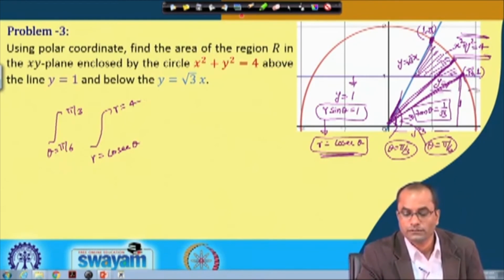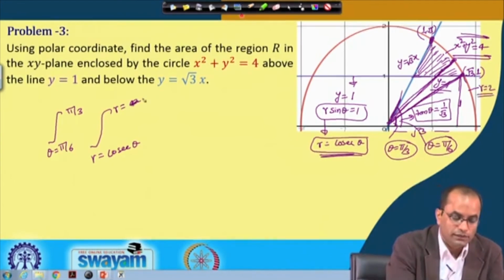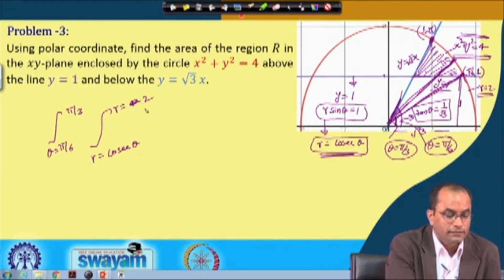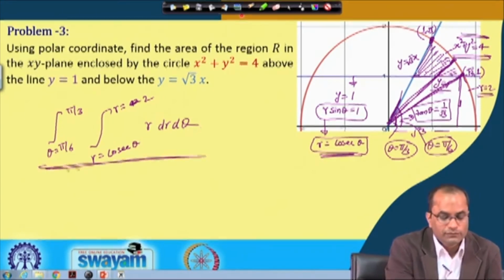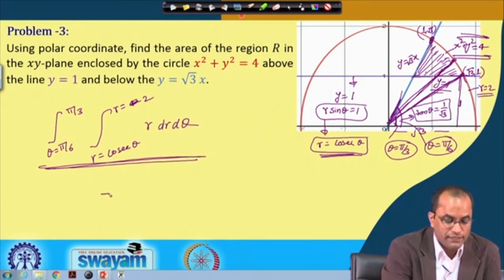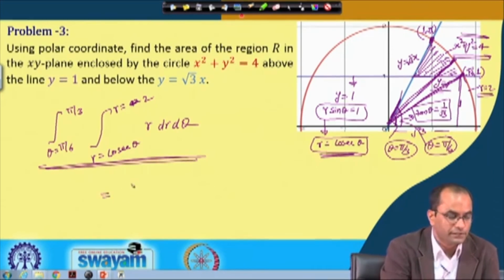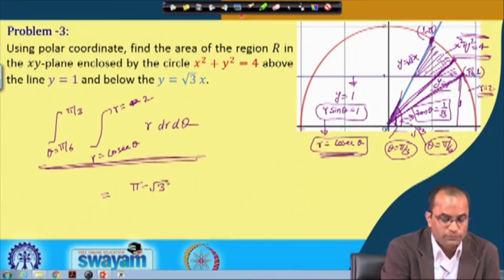Since we are finding the area, there is no integrand, and we have r dr d theta. We just have to integrate this simple integral, and skipping this evaluation, we will get pi minus square root 3 over 3.